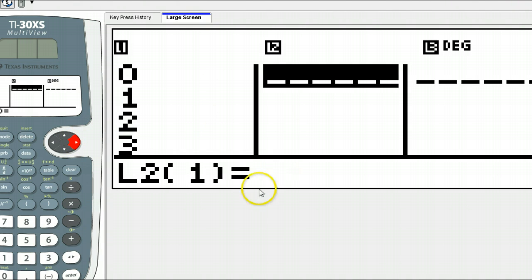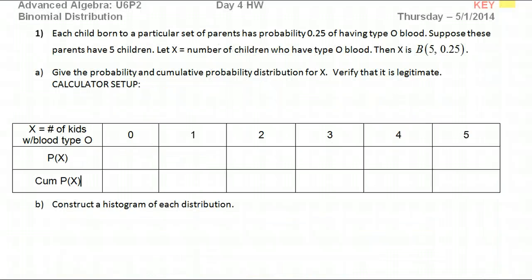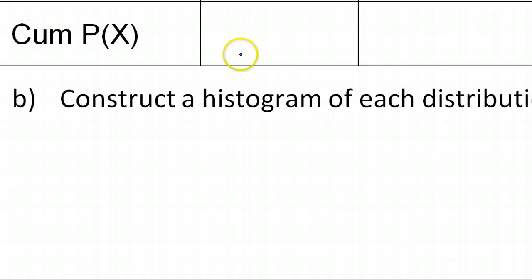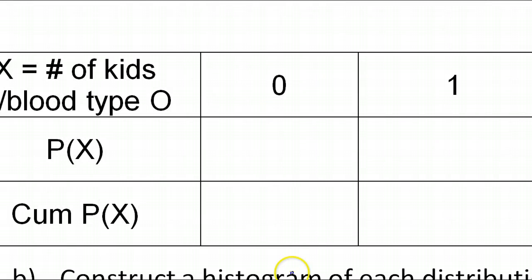Now for list 2, we need a formula. If we were going to calculate this by hand, this is what we would do. In fact, let me pick a random one, not 0.